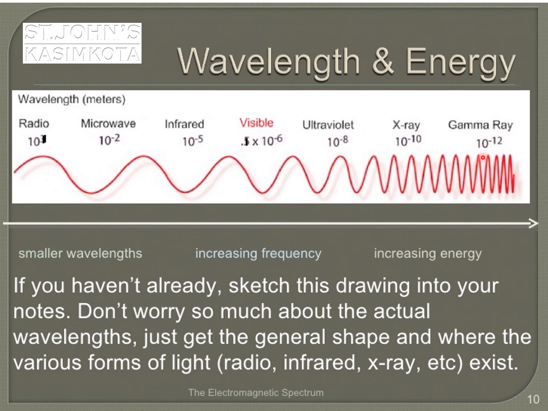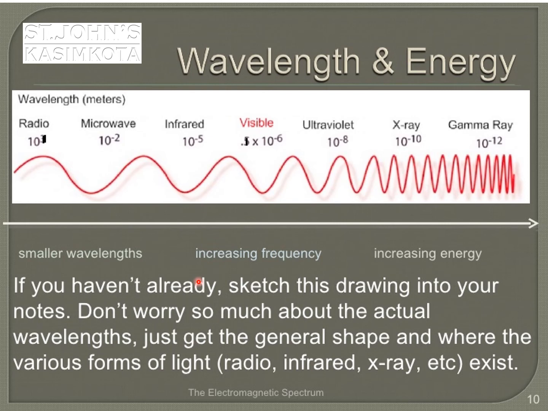Here, this is the wave of shortest wavelength. Moving from right to left, the wavelength is increasing. So gamma rays have the shortest wavelength and radio waves have the highest wavelength. When you observe, if wavelength is small, frequency is more and energy is also more.